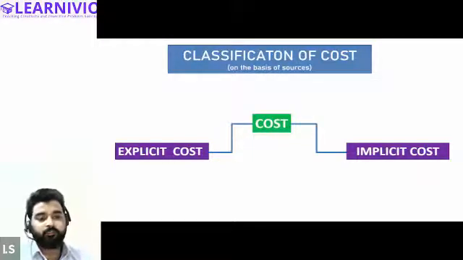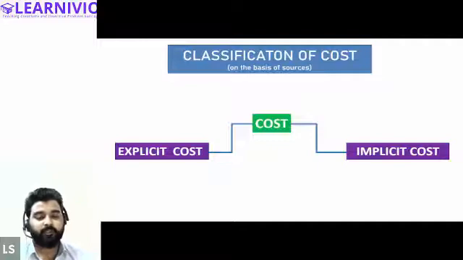All of the resources that are self-owned by the owner of the business, the estimated value of those resources is considered as the implicit cost. And whatever the amount that we spent on purchase of factors of production from the market, the amount spent on acquisition of any resource from the market, is called the explicit cost.